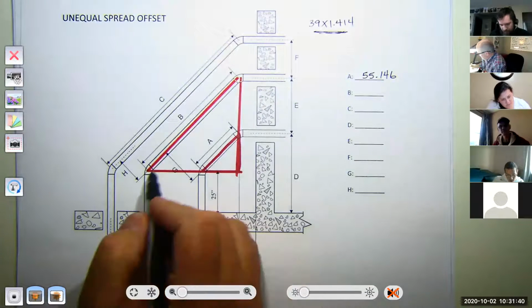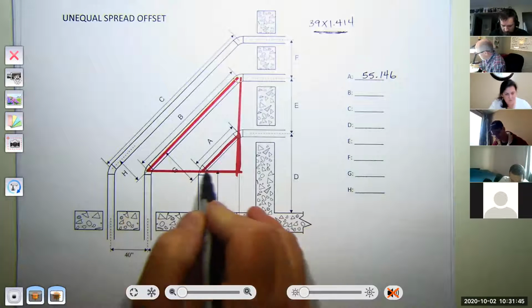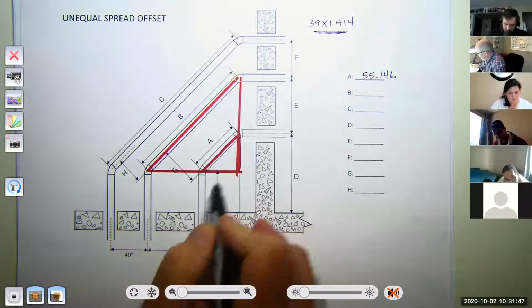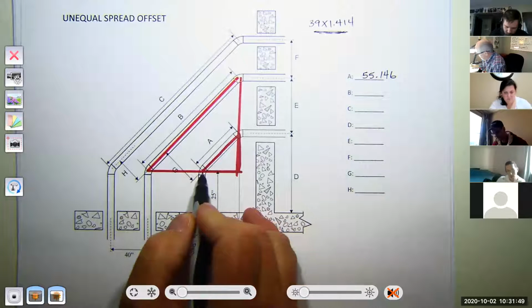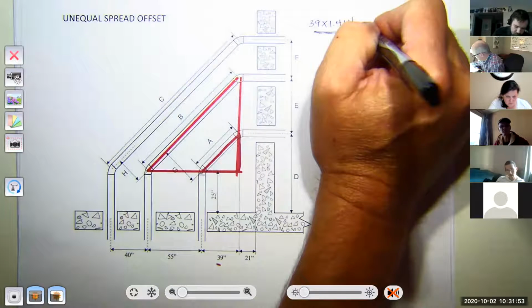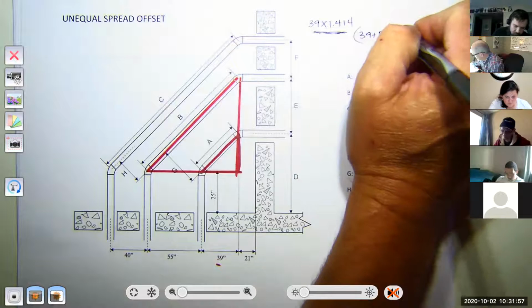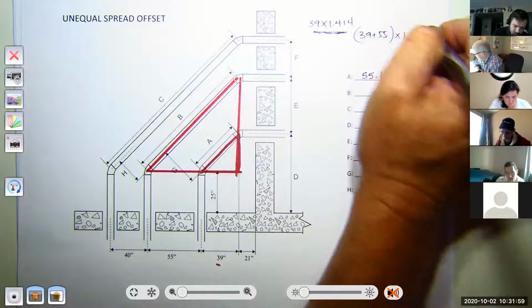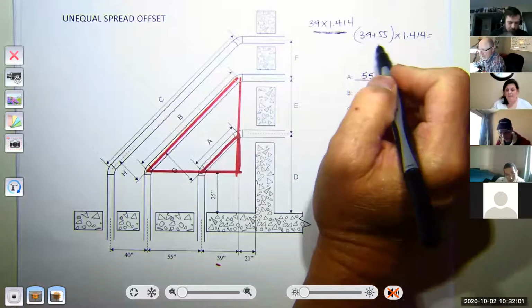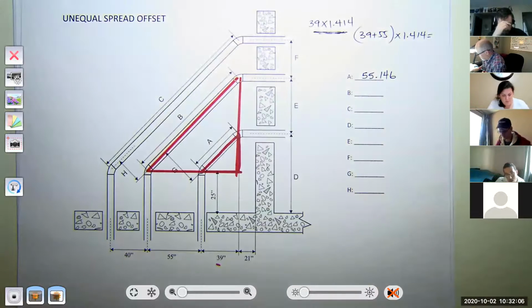And now I have a run right here down at the bottom. 39 plus 55. So 39 plus 55 bracket times 1.414. I put the bracket there because you need to hit the equal sign first before you multiply.